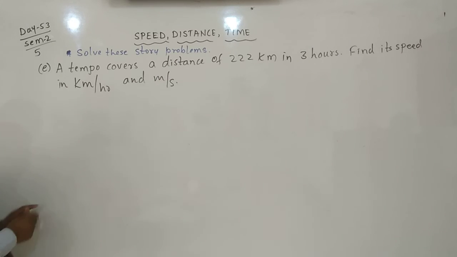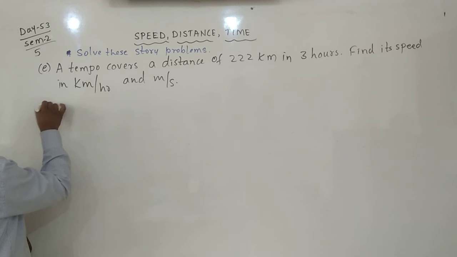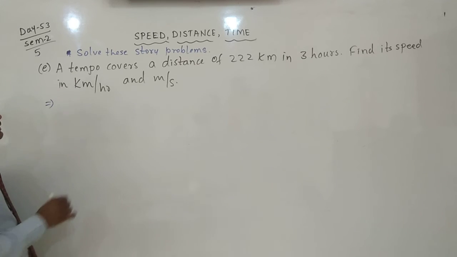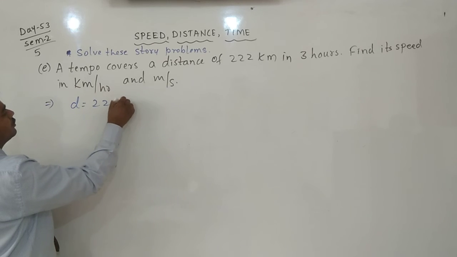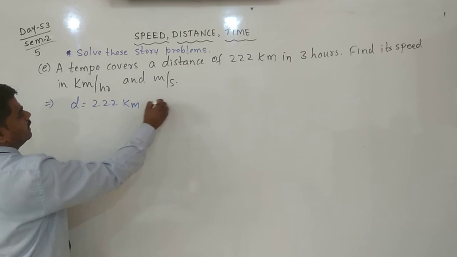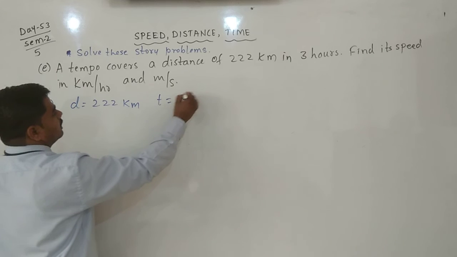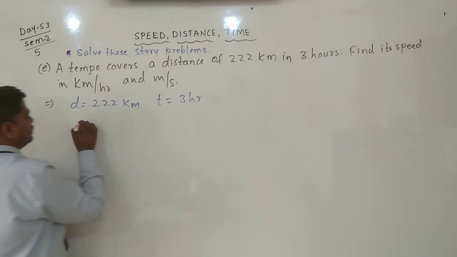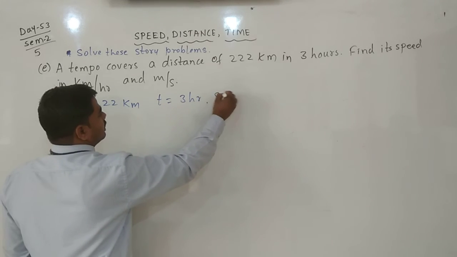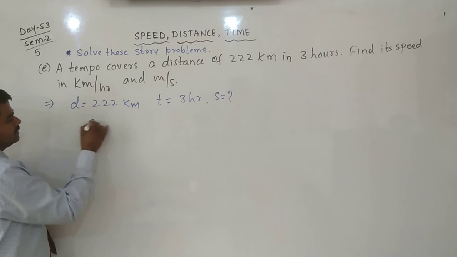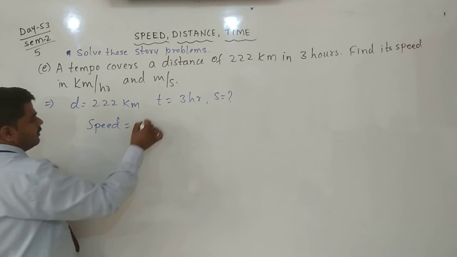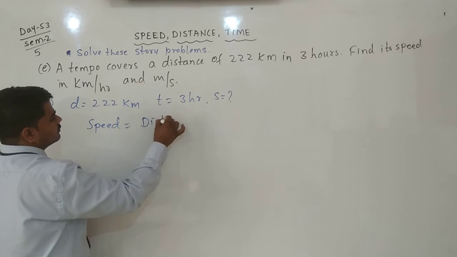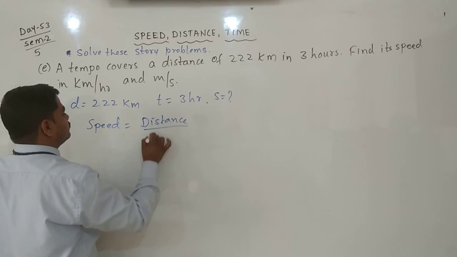Very simple. Now we can write, distance d is equal to 222 kilometers, then time t is equal to 3 hours, then s is equal to question mark, that is speed. Speed is equal to, what is the formula? Distance by time.